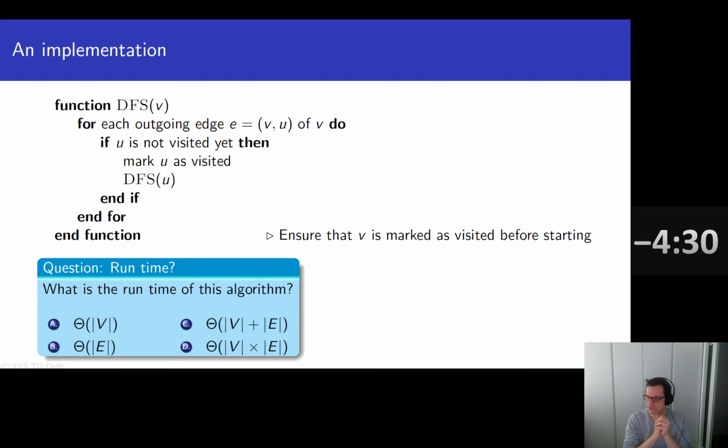Now the question is though, what's the runtime of this algorithm? Is it linear in the number of vertices, linear in the number of edges, linear in the number of vertices plus edges, or linear in the number of vertices times edges? Let me see if I can set up a poll for this again.